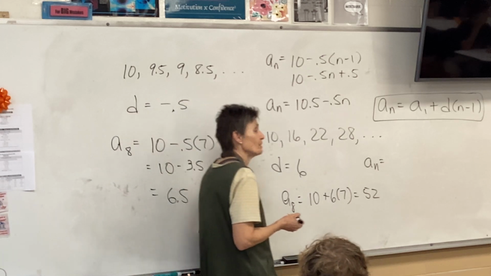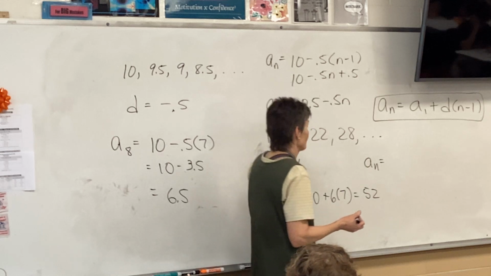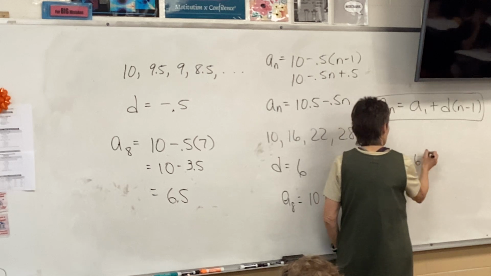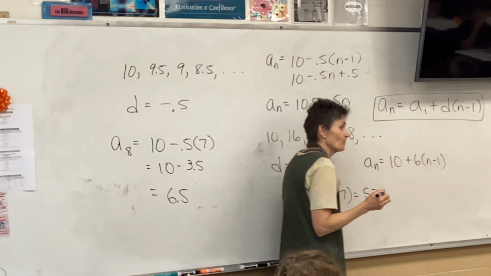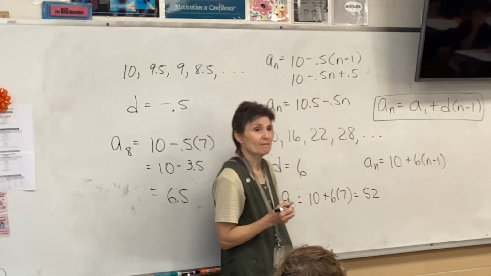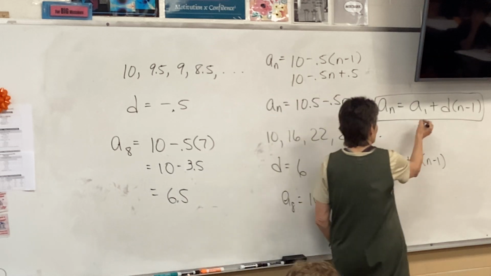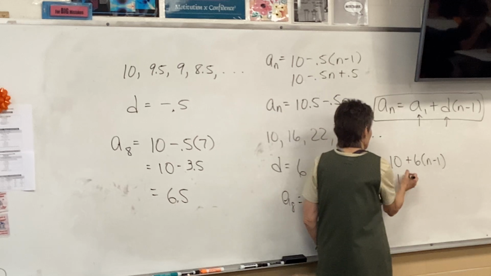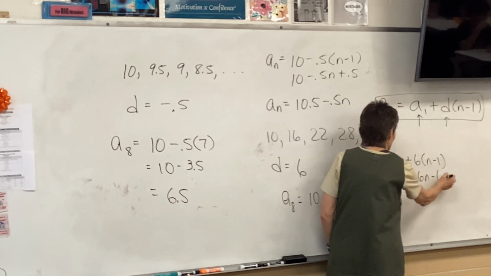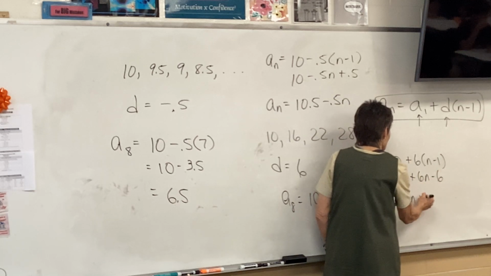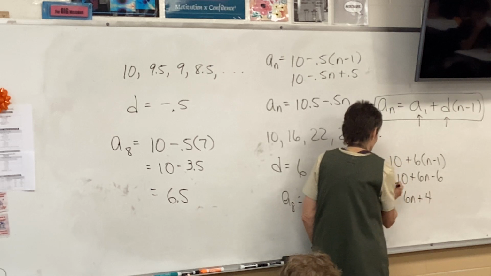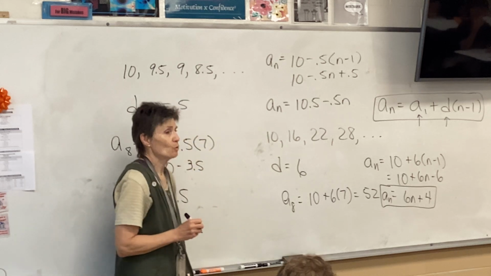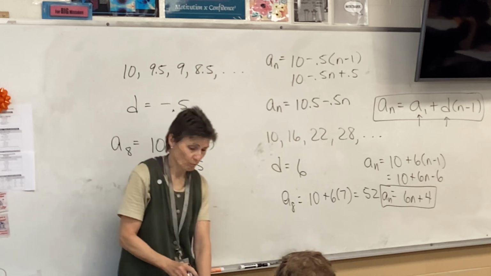And then your explicit formula. 10 plus 6 times n minus 1. Remember, to find the explicit formula, we plug in this number and this number, and then clean it up. Did you get 6n plus 4 as your explicit formula?